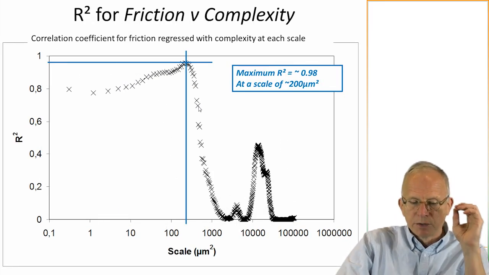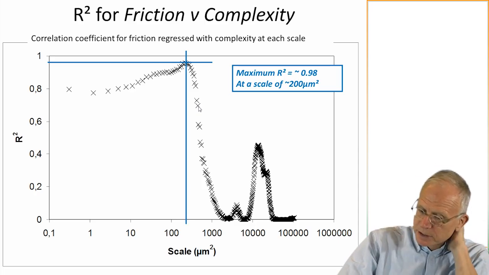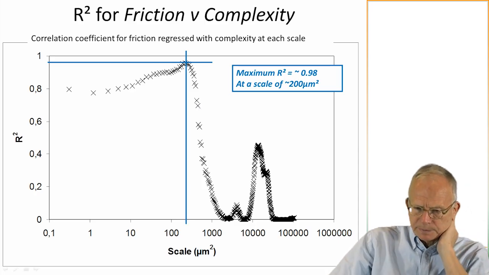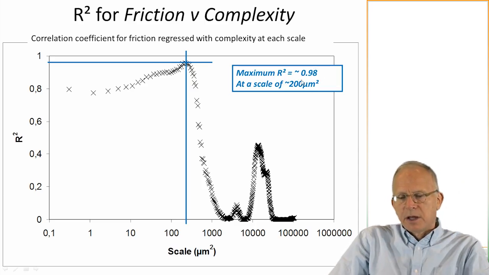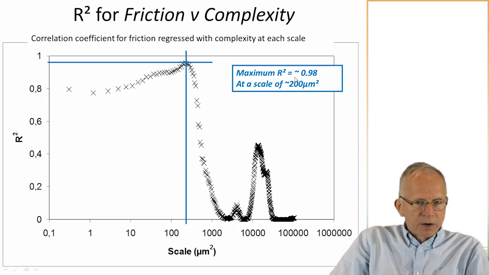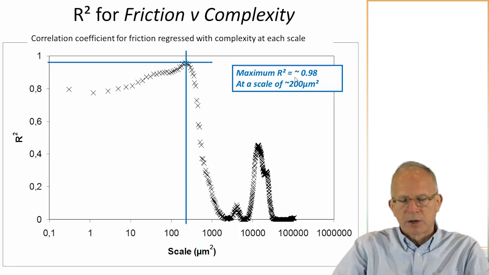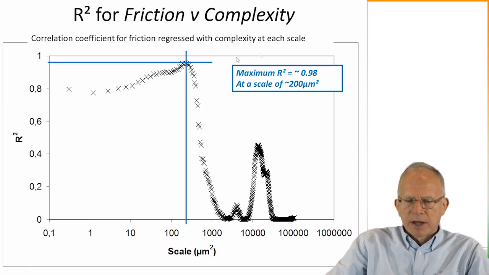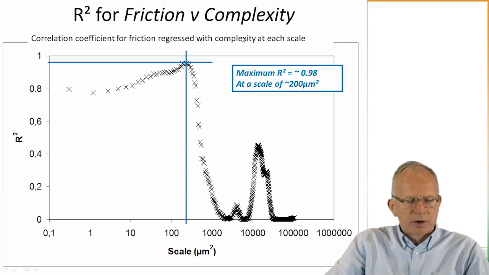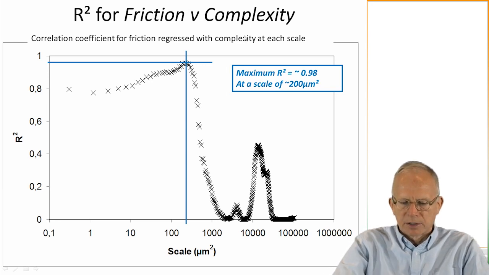Now, if we go to the complexity, it's interesting there that we get an even higher correlation coefficient and at a different scale. So we're at 200 square micrometers, where the differences were just starting to show up in the relative area plots. So we can find an even higher correlation coefficient with the complexity, or area scale complexity, as it's called in the standard.